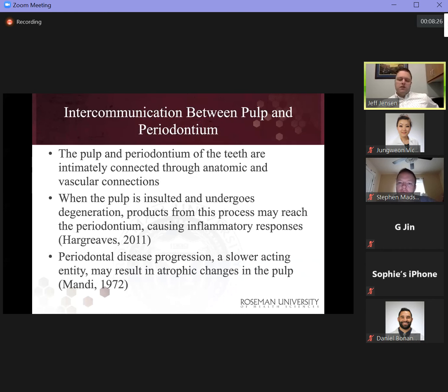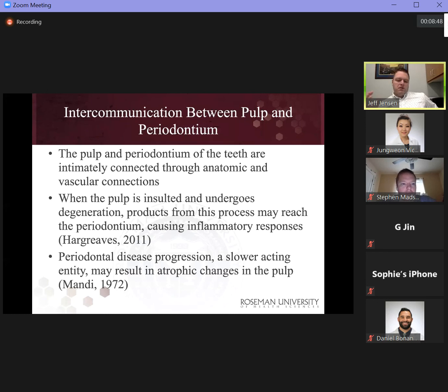So we know that there are connections between the pulp and the periodontium. We can see these through microscopic examination, through cone beam, and lots of other different ways. But they're connected anatomically with vascular connections.